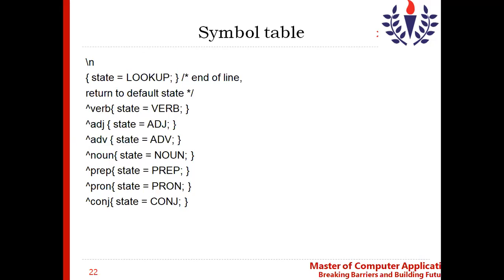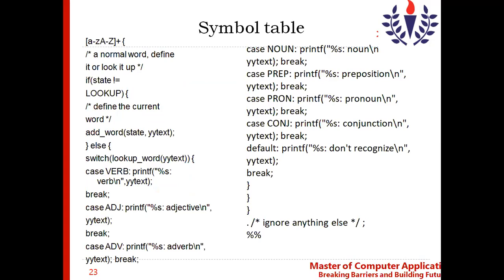So the type of word, which is meant by the state, can be 1, it can be 2. Accordingly, it can be verb or adjective. That type is denoted by the state, and yytext represents the word. So when you call add word, it is used to add the word into the linked list.